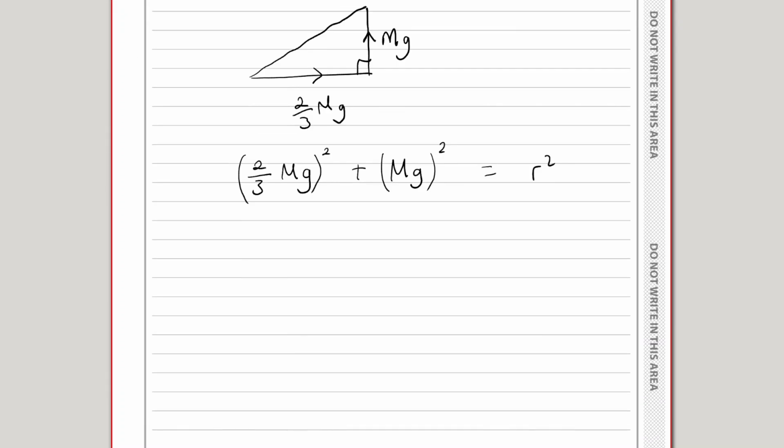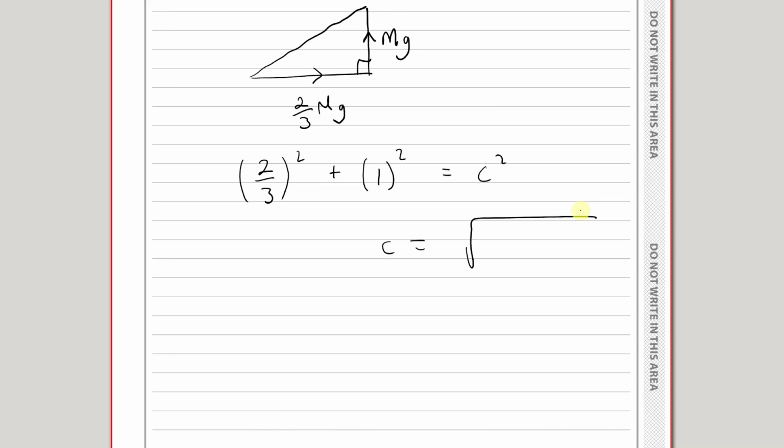I could have just done this without mg and added the mg back afterwards, which I think I'm going to do. So let's have 2/3 squared plus 1 squared equals c squared.